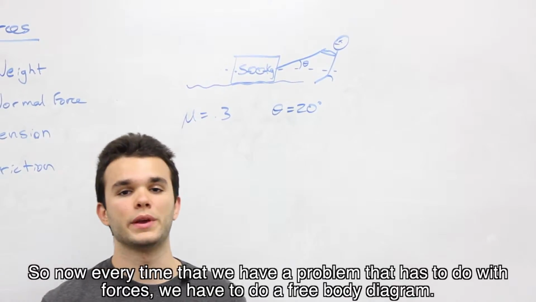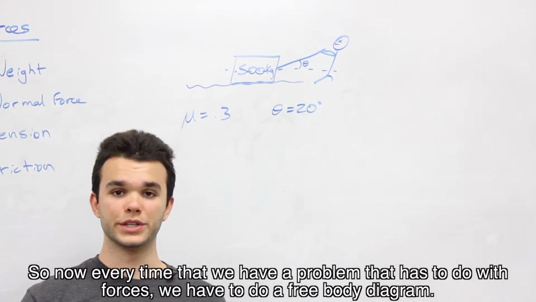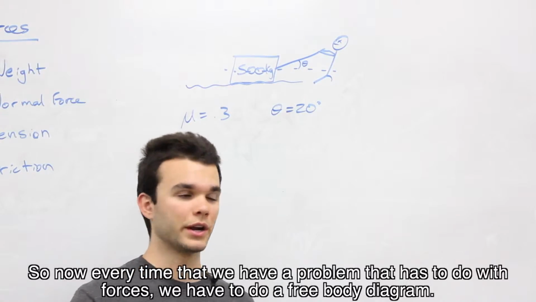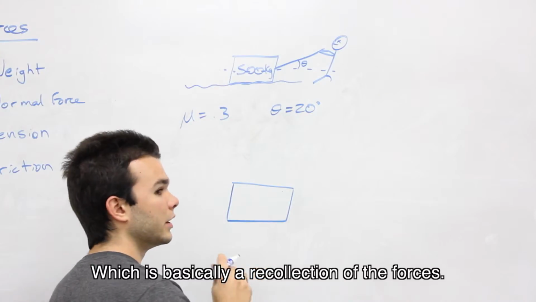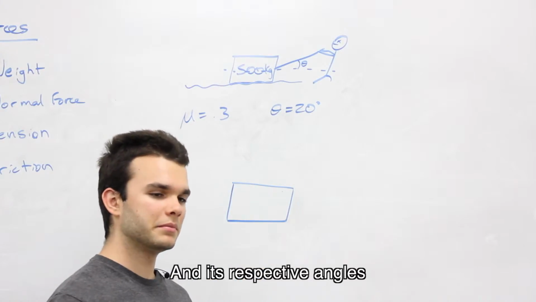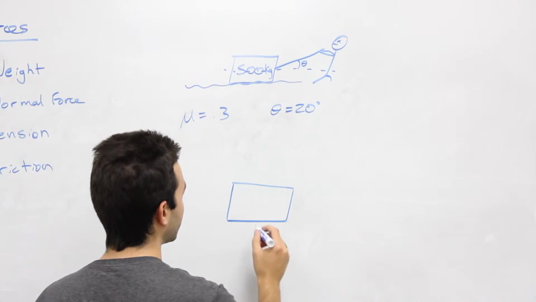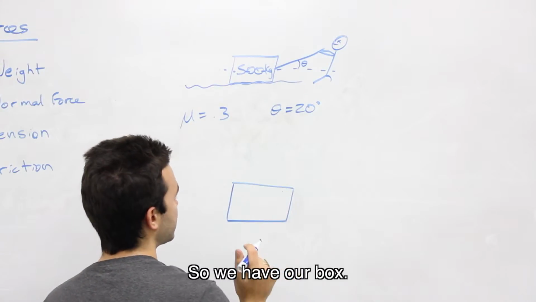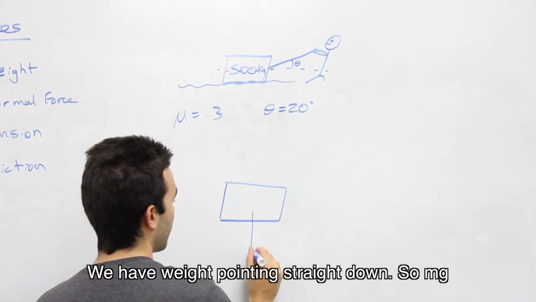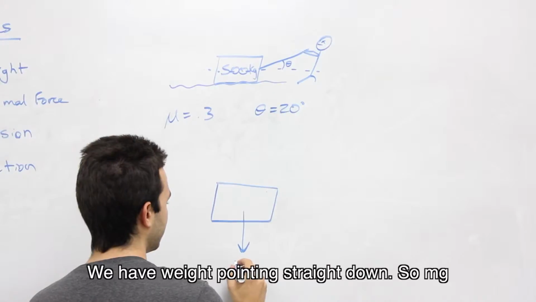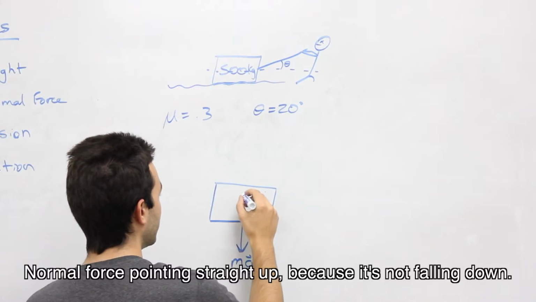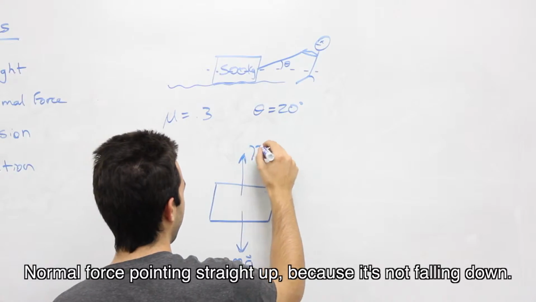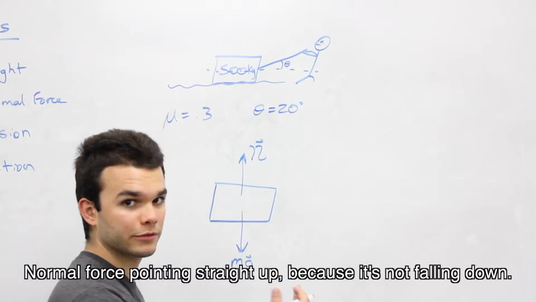So now every time that we have a problem that deals with forces, we have to do a free body diagram, which is basically a recollection of the forces and their respective angles. So we have our box, we have weight pointing straight down, so mg, normal force pointing straight up because it's not falling down.